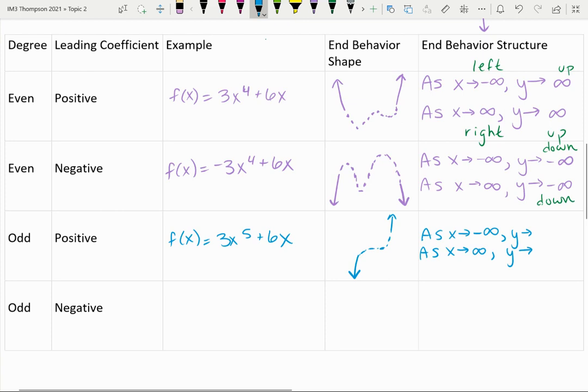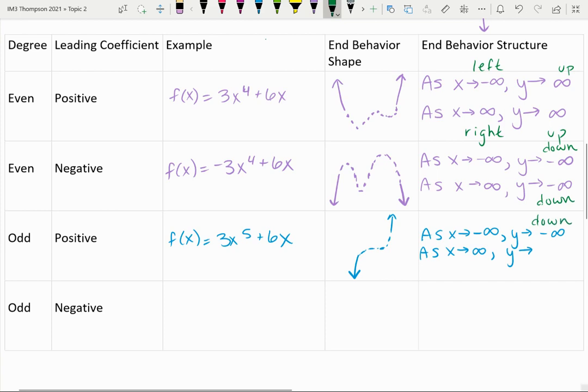So remember, these are just examples. It doesn't matter if my leading coefficient here is any odd number, 5, 7, 9, 3, 1. If my leading coefficient is positive, it's going to go up to the right and down to the left. So as I look to the graph to the left, x goes to negative infinity just means as I look left, this goes down. Y goes to negative infinity.